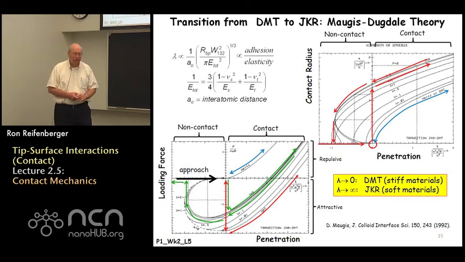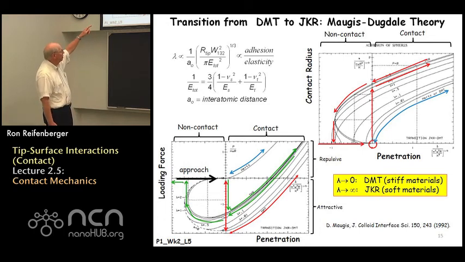I just show you some of the results that you would find in Maugis' original article, where it allows an interpolation between Hertz, DMT, and JKR. And it all depends on the appropriate value of lambda that you choose.